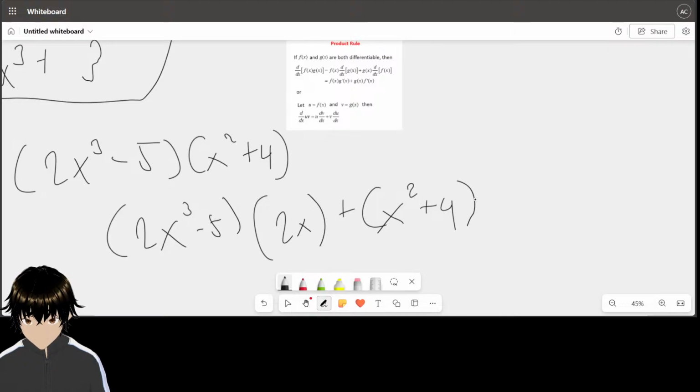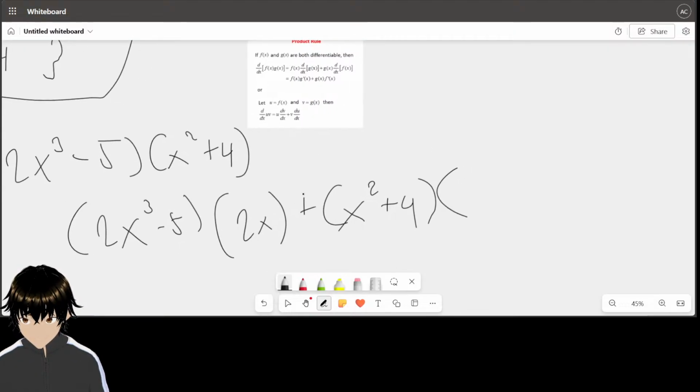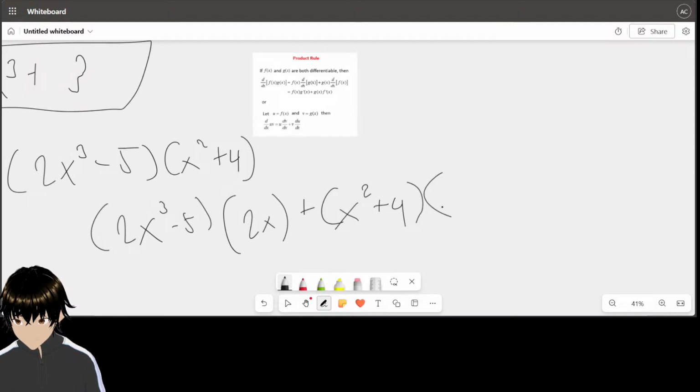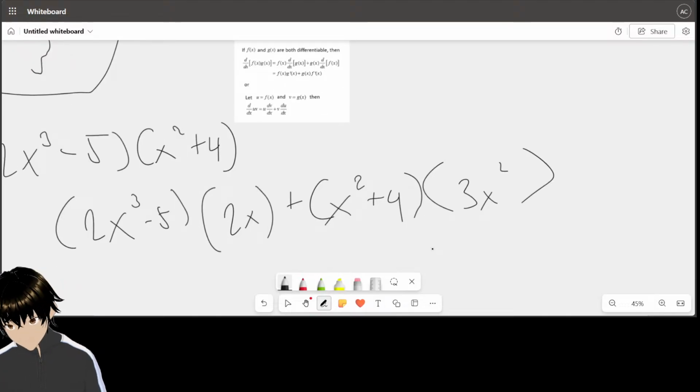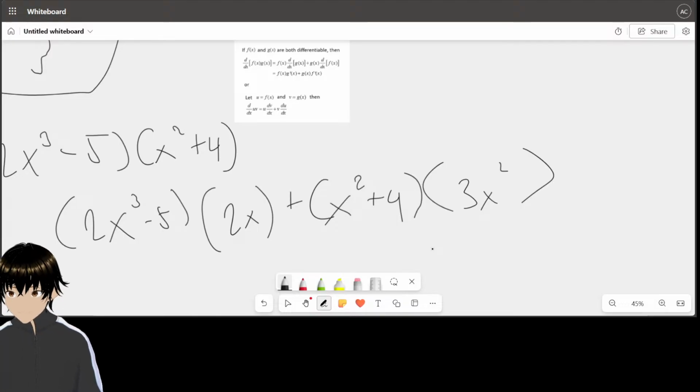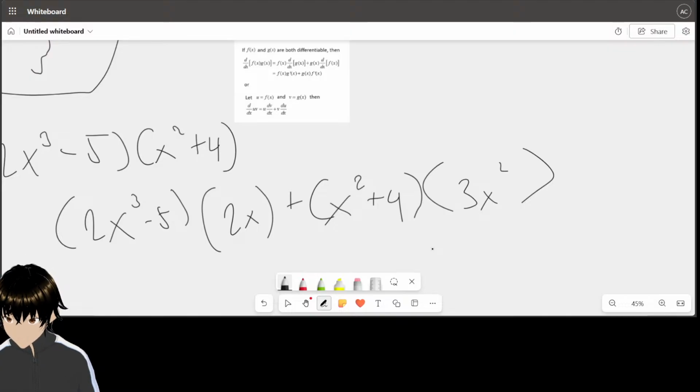g(x), then you get the derivative of the first function. It's gonna be 3x squared minus 5. No, 3x squared. Now you have to multiply it.